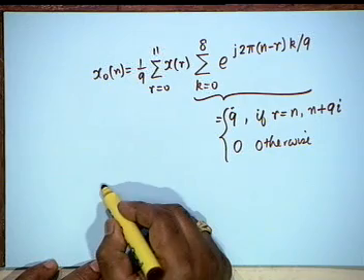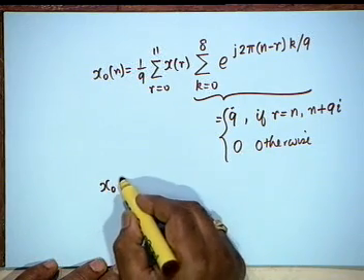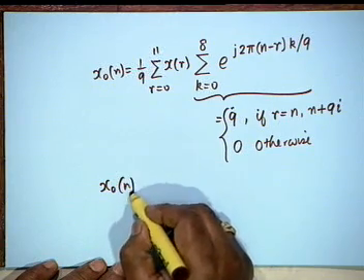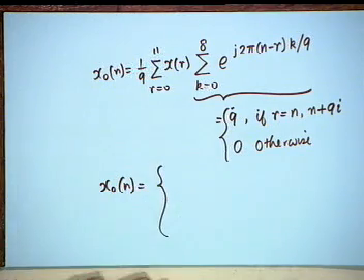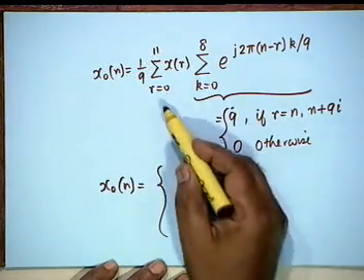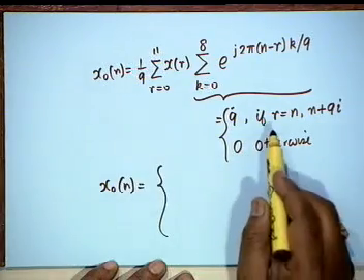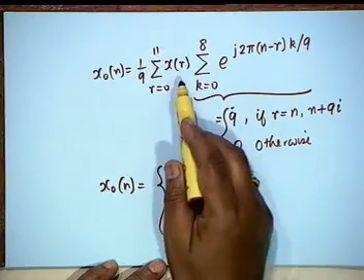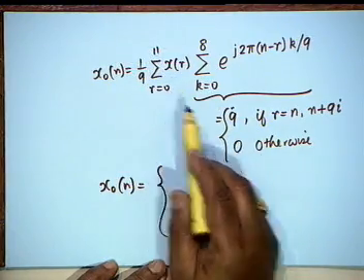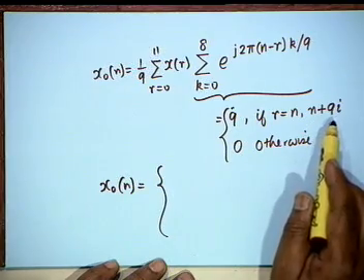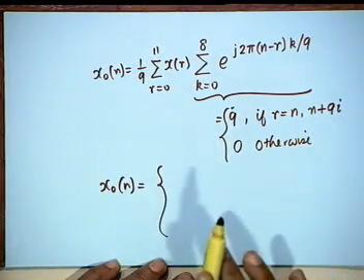In other words, x0 n is equal to, you see, in this summation I shall have only r equal to n and r equal to n plus 9i, other terms will vanish.